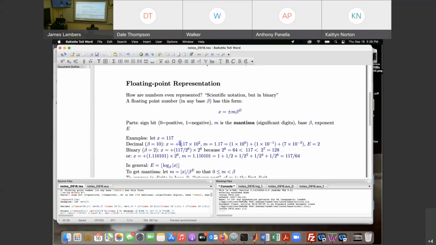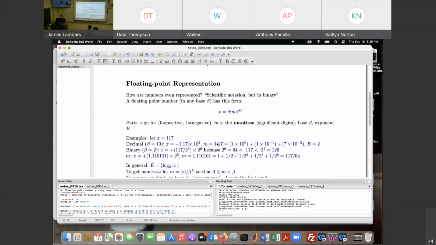So 1.17 is the mantissa in this case. The base beta is 10, and the exponent in this case is 2. And all of the digits in the mantissa correspond to powers of 10. Because the number is normalized, it would always be non-positive powers of 10.